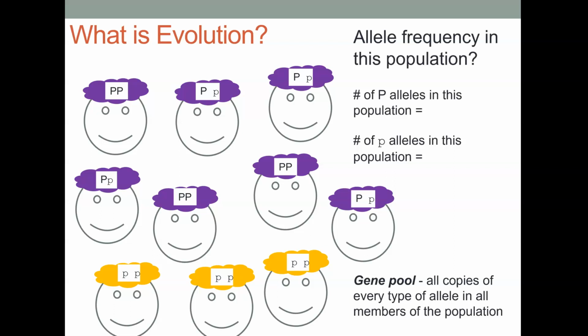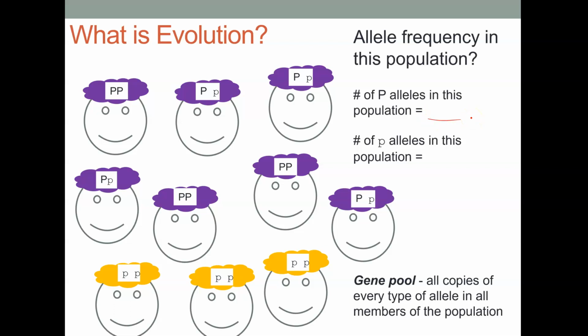So we did it for this group of individuals. And you can see that we now know what the gene pool is. And again, the gene pool is going to be every copy of every allele in every member of the population. So we can see all of the alleles for each individual now. So if we were to count up the dominant allele, remember capital P, we would put that number here, right?